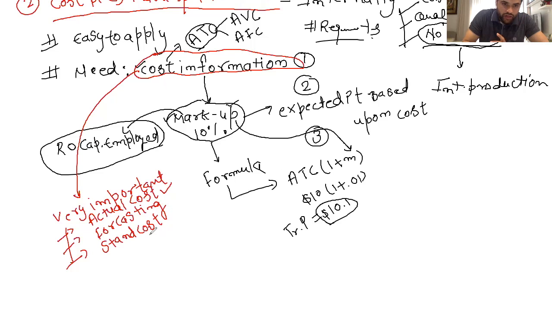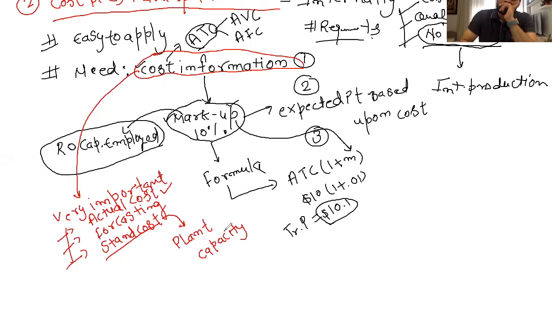Standard cost method, or standard method of cost, right? Now, what is the standard method of cost? In this method, we estimate cost on the basis of plant capacity.